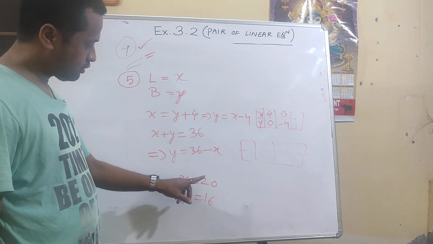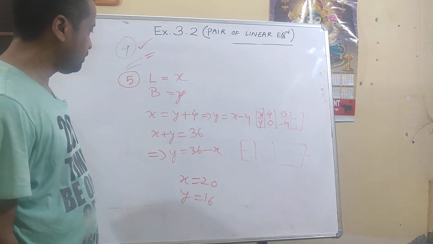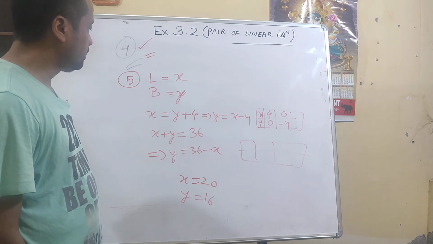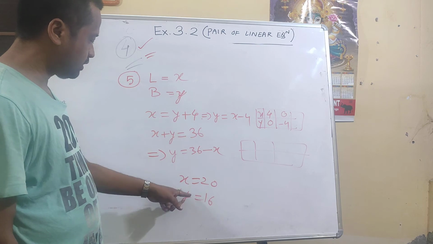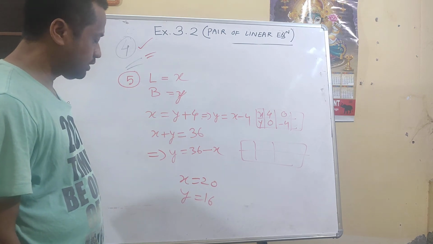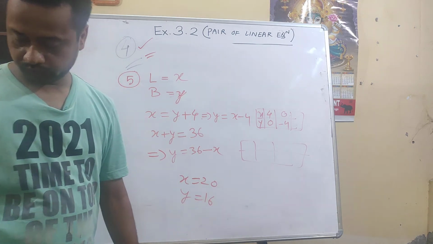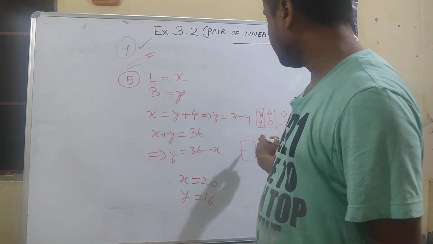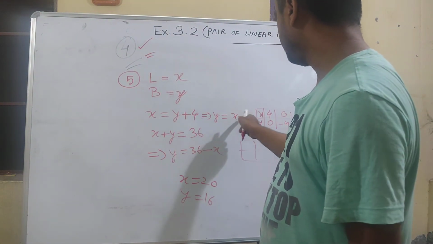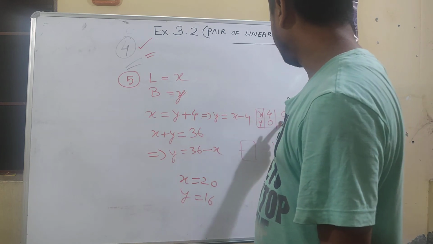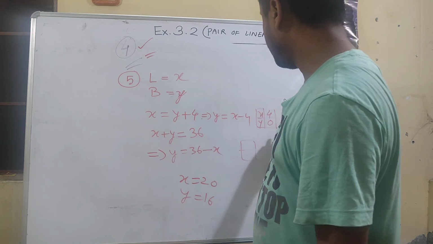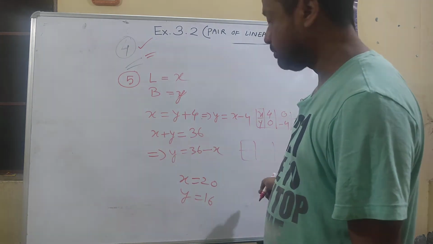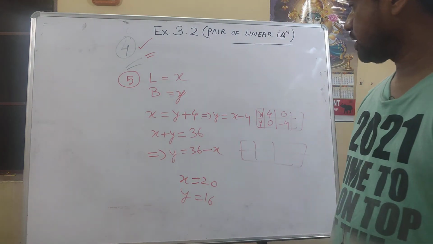That means x is equal to 20 and y is equal to 16 is the solution of these equations. That means length is equal to 20 and width is equal to 16. It's very simple, like the previous solutions. Make a corresponding table for each equation and plot these points on graph paper.